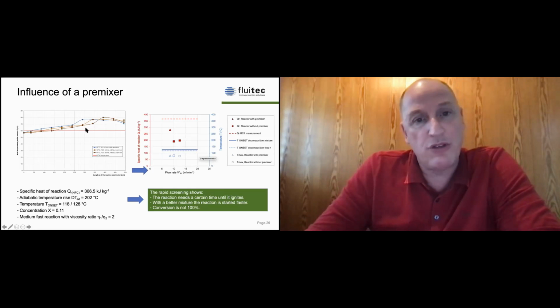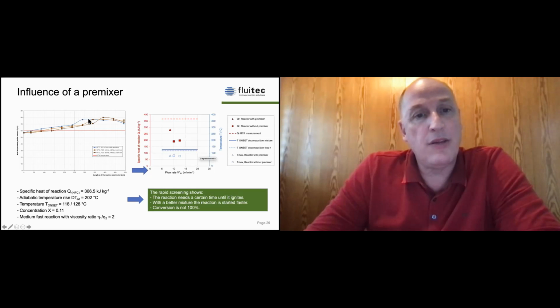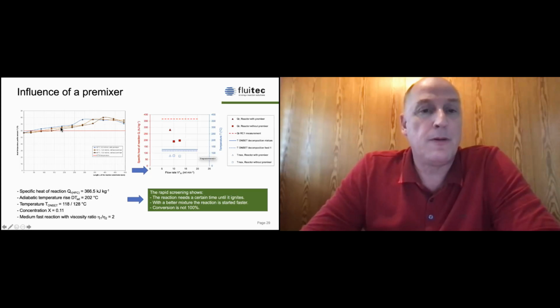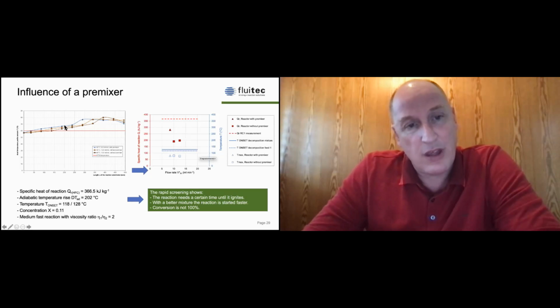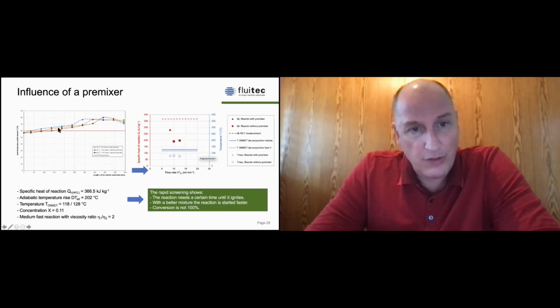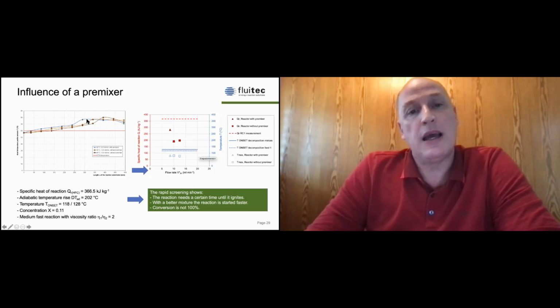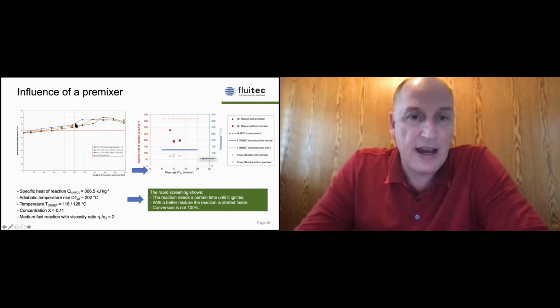You see two measurements without premixer, and the blue line is a measurement with a premixer. You see that the reaction starts faster, earlier. It's generally a slowly starting reaction, but due to the better mixing, the reaction starts a little bit faster, and you have the profile here.